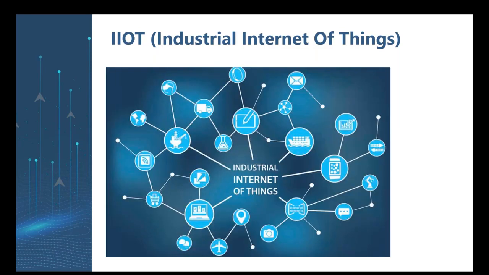The Industrial Internet of Things, or IIoT, refers to the interconnected smart sensors, smart instruments, and other smart devices networked together through computers for industrial applications, including manufacturing and energy management.